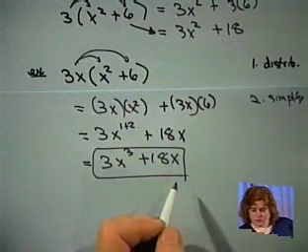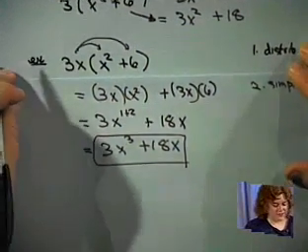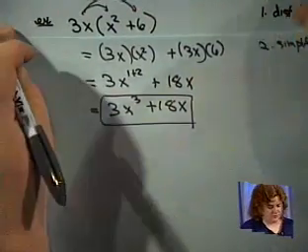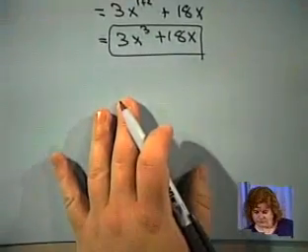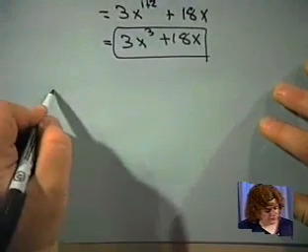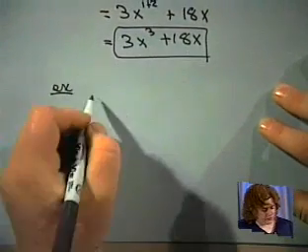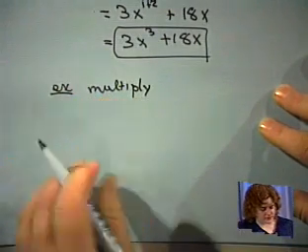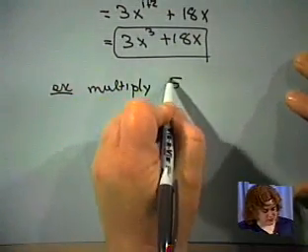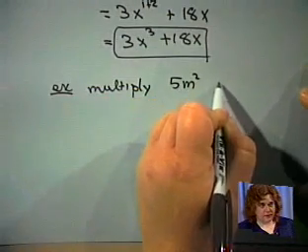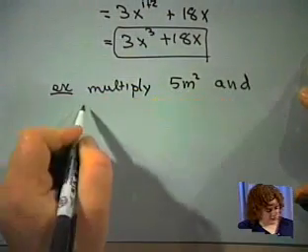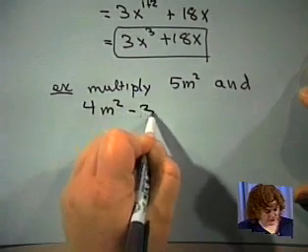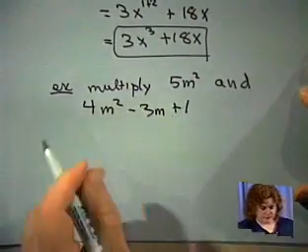And of course, we're going to do another example that's a little more entertaining than that. Let me take this page away. Let's suppose you're told to multiply, and the directions do sometimes come at you this way, 5m squared and 4m squared minus 3m plus 1.